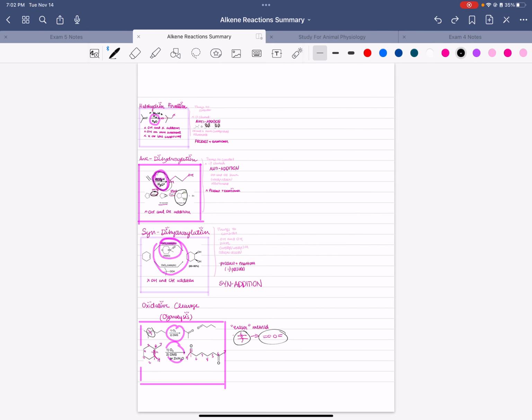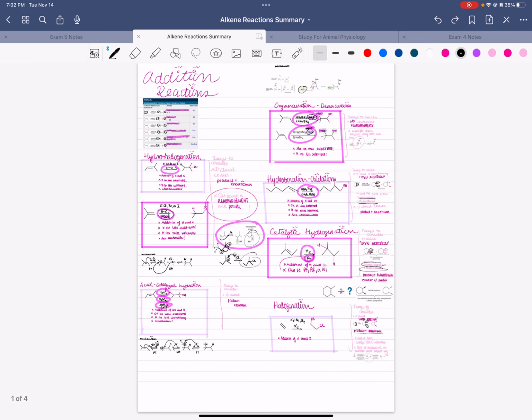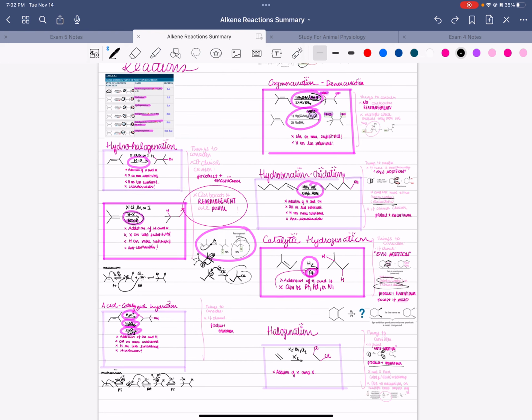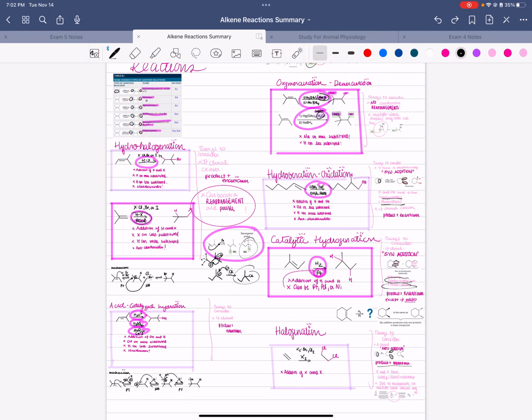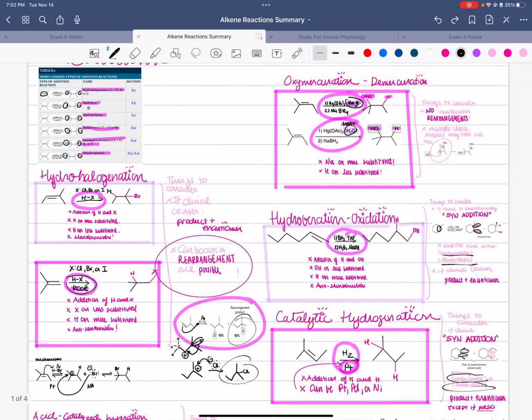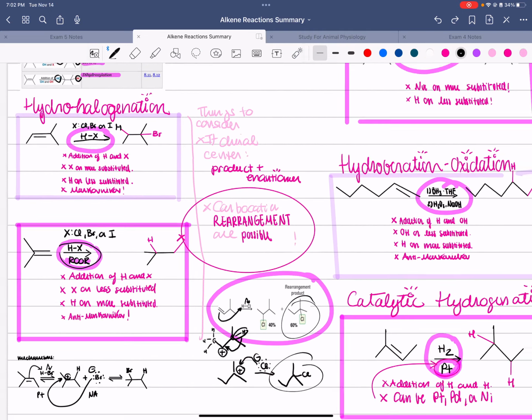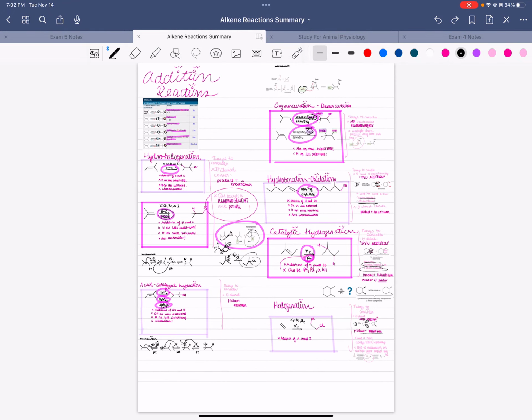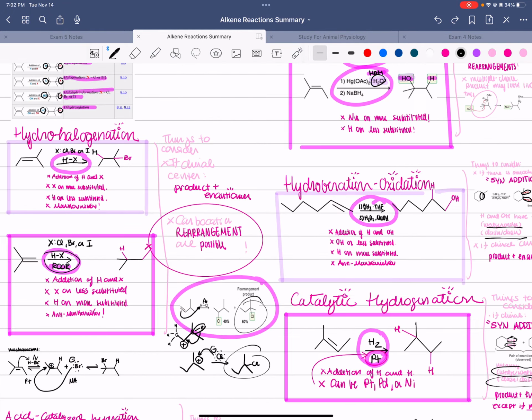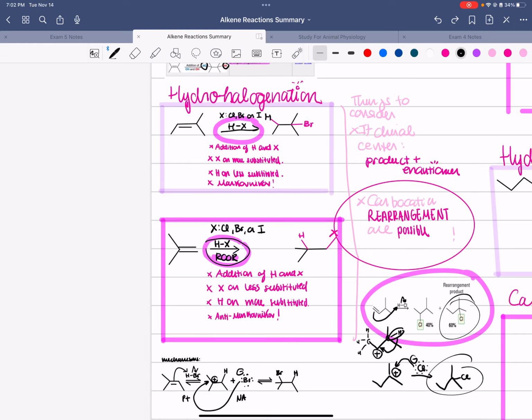In case you wanted to take a screenshot of this, I'm just going to take a little second, maybe zoom in. This is the whole page, and then you can zoom in through this one.